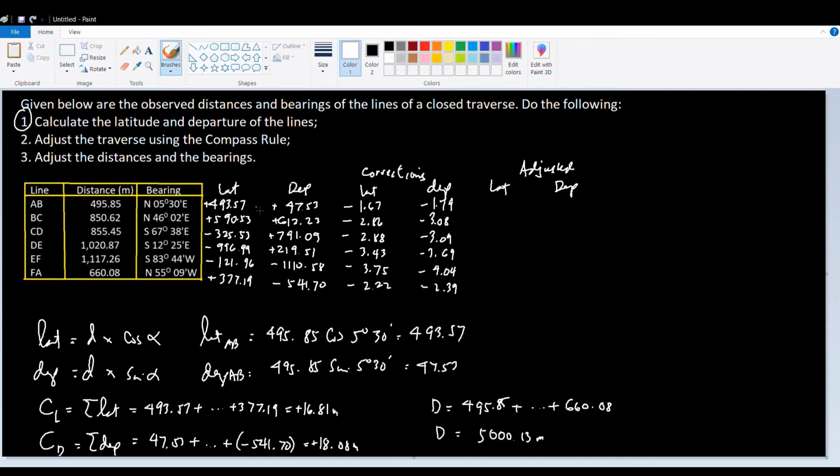For line AB, 493.57 minus 1.67, that should be 491.90. Okay? Next, 590.53 minus 2.86. That should be 587.67.